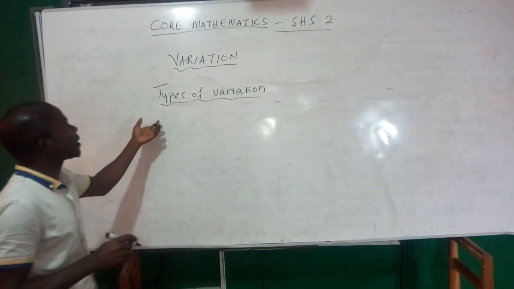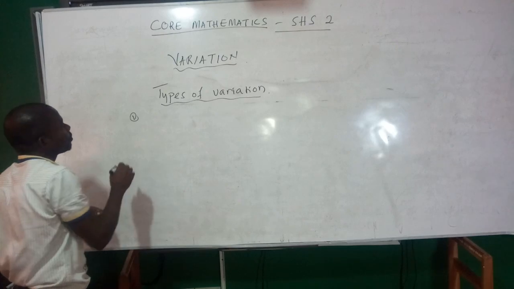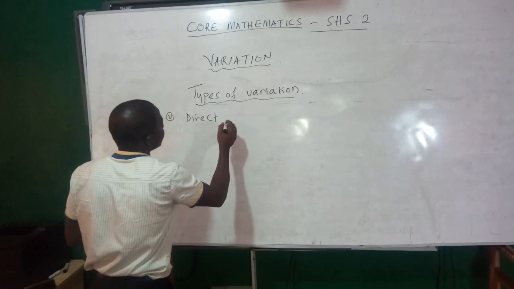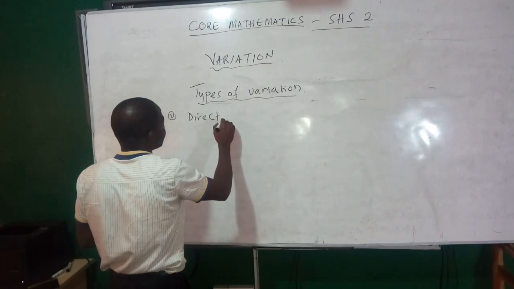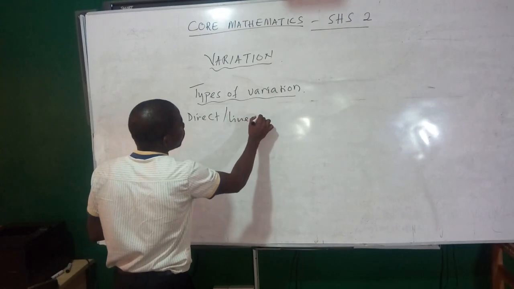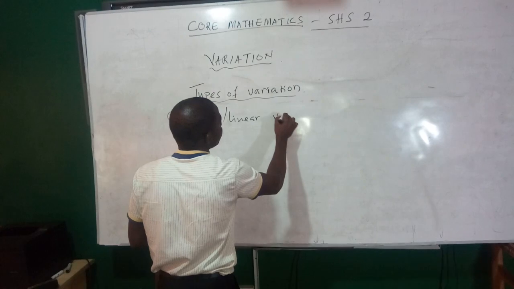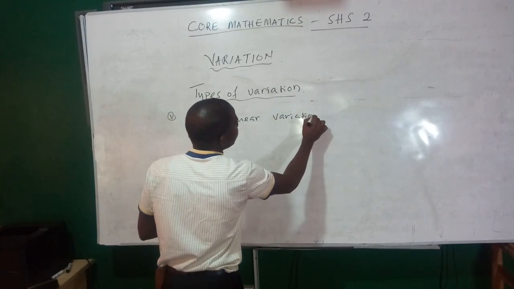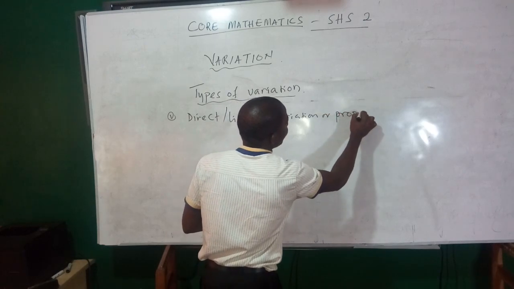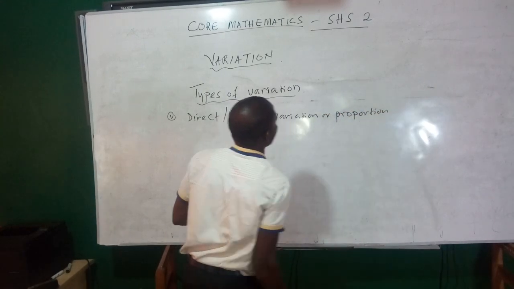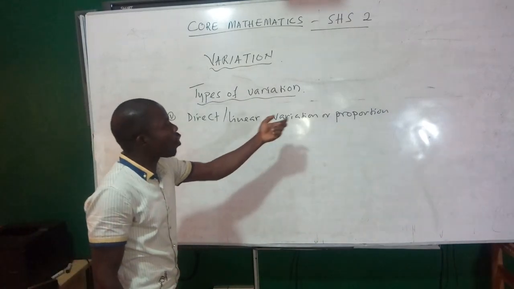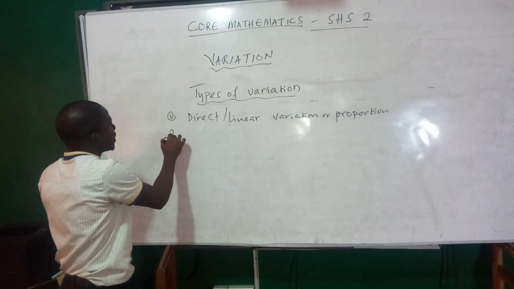So let's write the types. The first one is the direct or linear variation or proportion, as I've stated earlier.